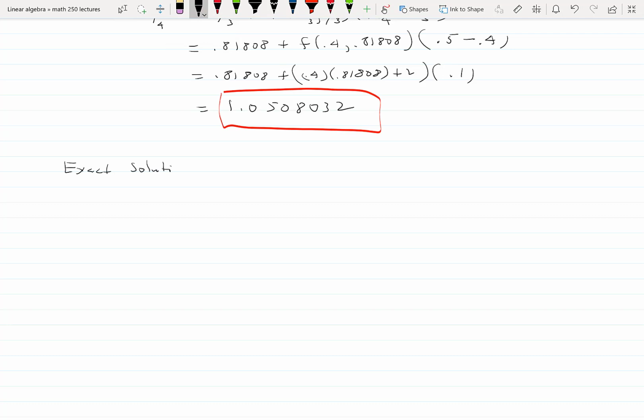Generally we don't get to compute error this way. Error analysis is wicked difficult because we don't generally have access to the exact solution. But this one we will.